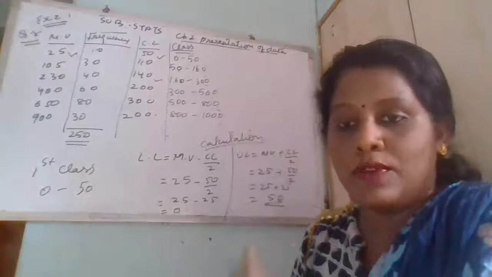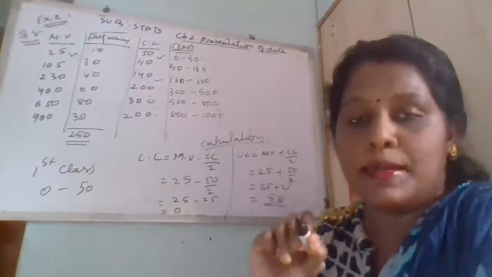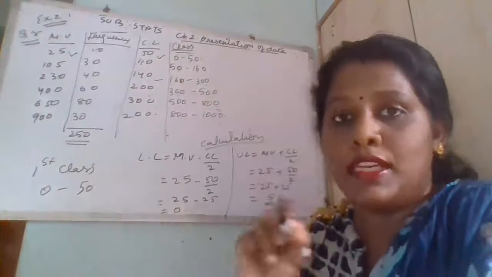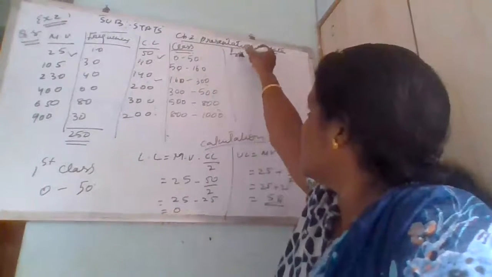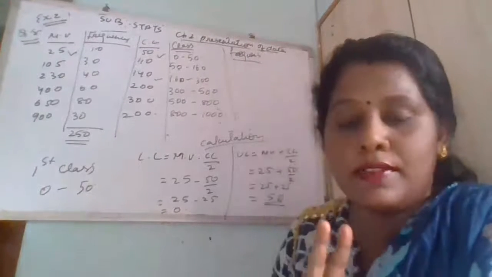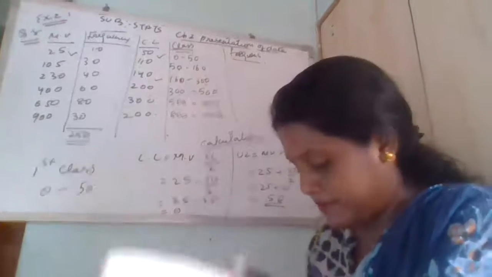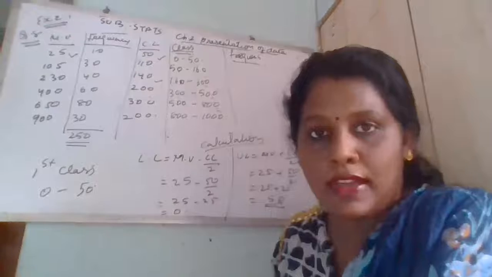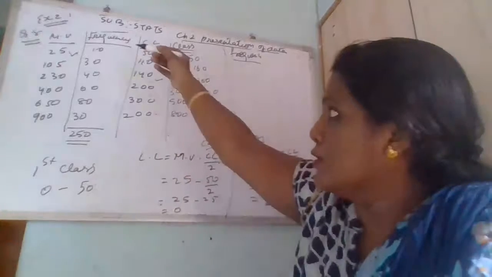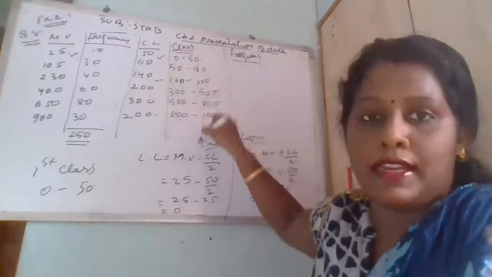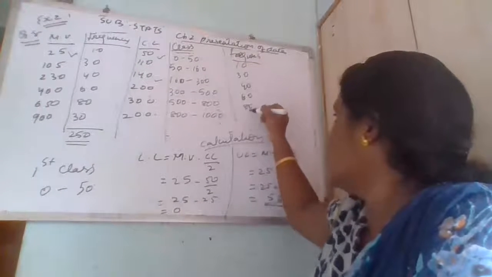Now the frequency will be the same as given, right? If cumulative frequency is given in the question, only then you have to do the subtraction. Only when cumulative frequency is given do we need to find the frequency. Here frequency is already given. What did the question ask? It asked us to find the original frequency distribution, which means you have to show both class and frequency. So the frequency will be the same, 10, 30, 40, 60, 80, together with the classes we found.